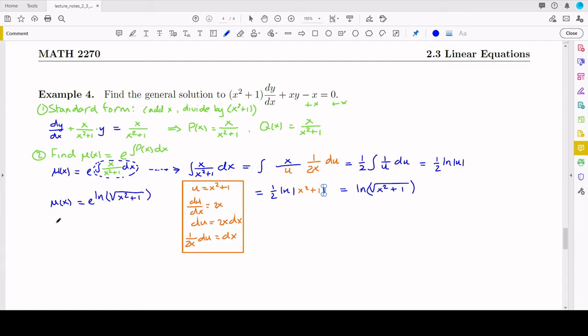The e and the ln cancel each other out. And so our final answer is that mu of x equals the square root of x squared plus 1.